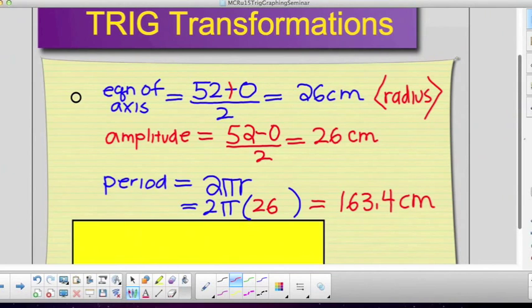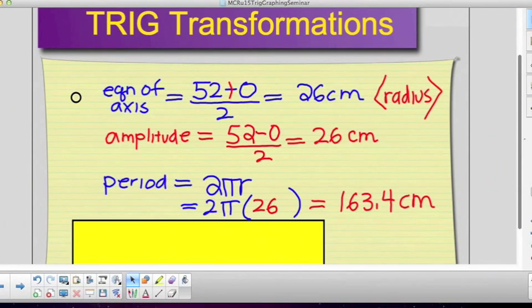That is my period. So one full cycle is going to take 163.4 centimeters for this nail to complete one full rotation.